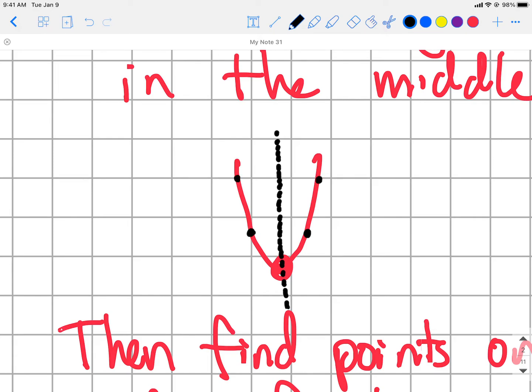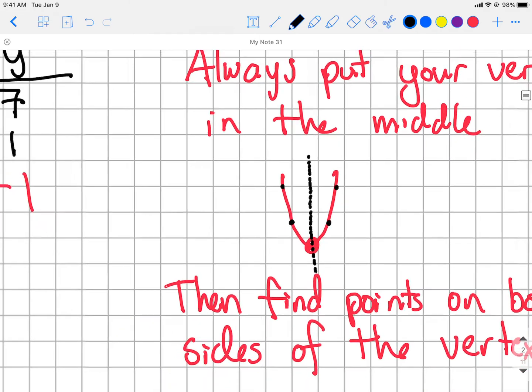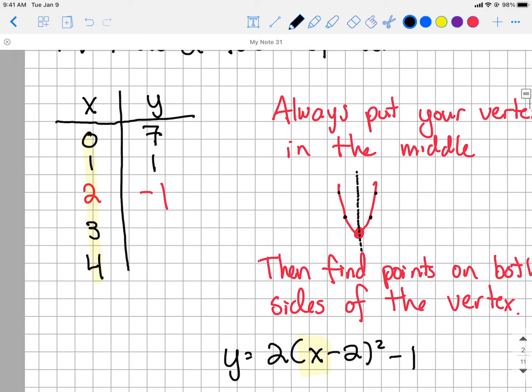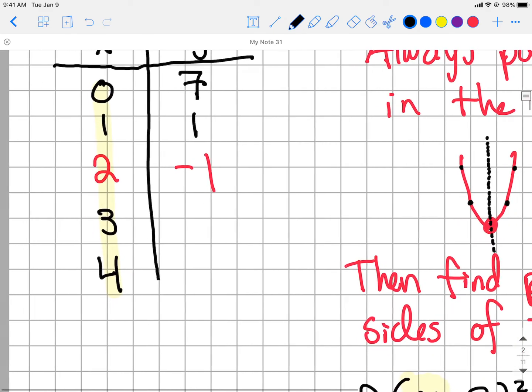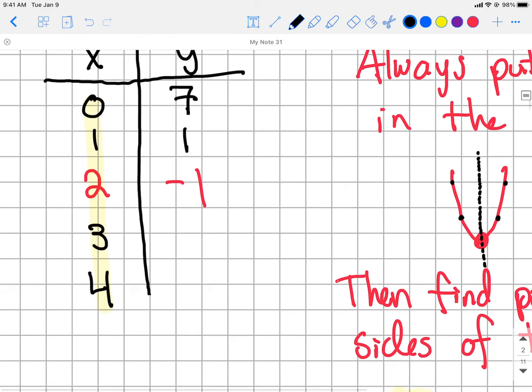Every point in the parabola has a mirrored point on the other side, which makes graphing them a lot easier because instead of having to find 5 points, we really only have to find 3, because these points here, which are the same distance away from the vertex, right, we've got a distance of 1 here and a distance of 1 here, they're going to be mirrors of each other because of symmetry.